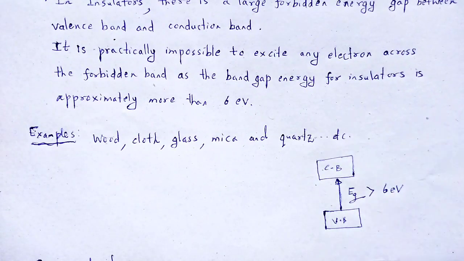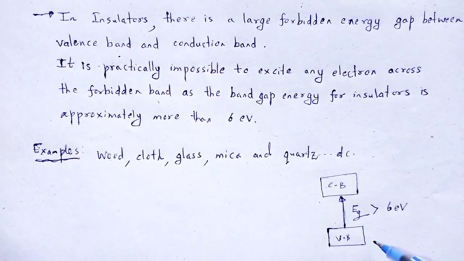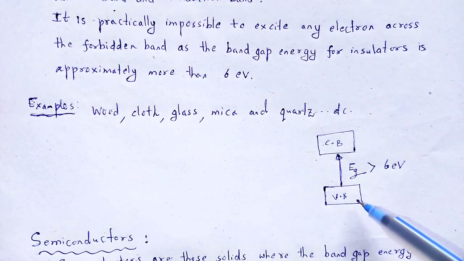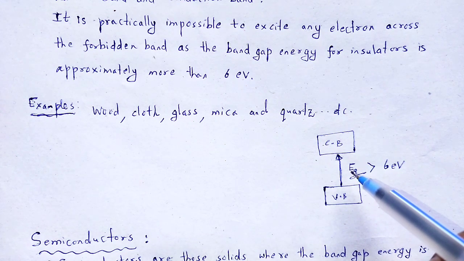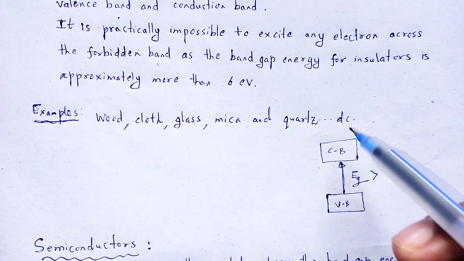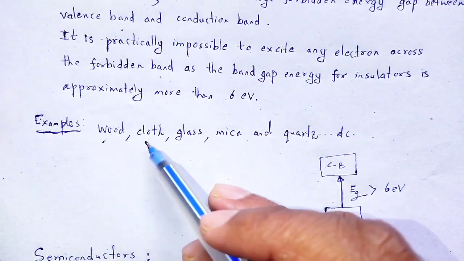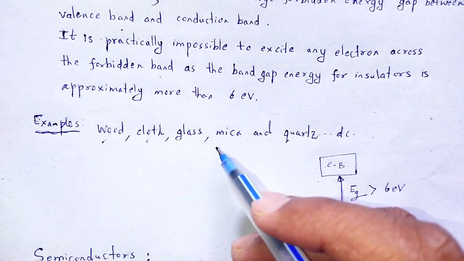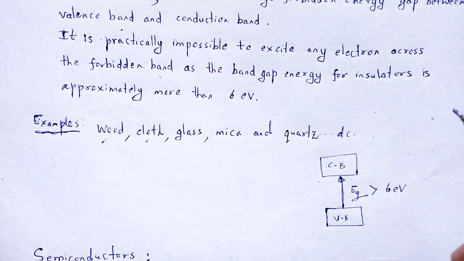It is practically impossible to excite any electron across the forbidden band. The examples of insulators are wood, cloth, glass, mica and quartz.